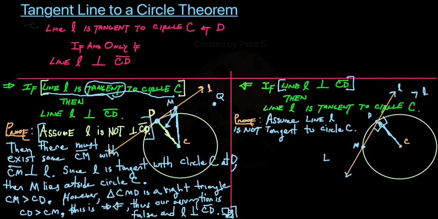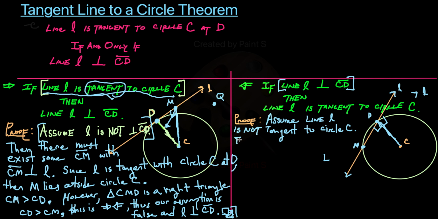So CD is this radius, and since it's perpendicular, line L has to hit at D. And since it's not tangent, the only other option would be that it hits it twice, at some other point M.